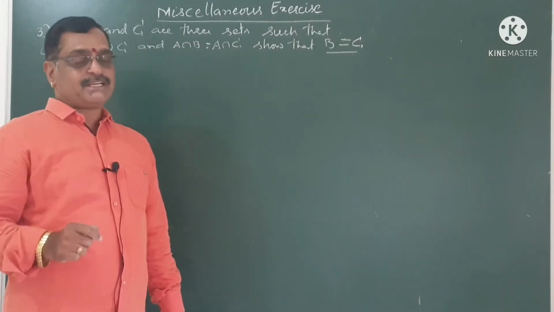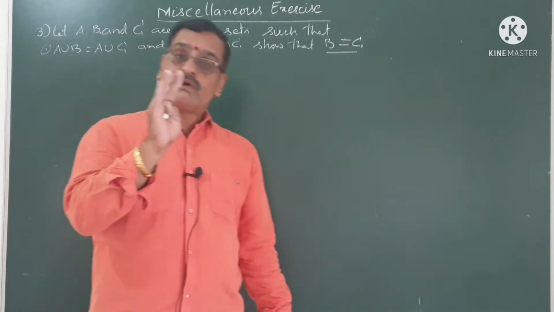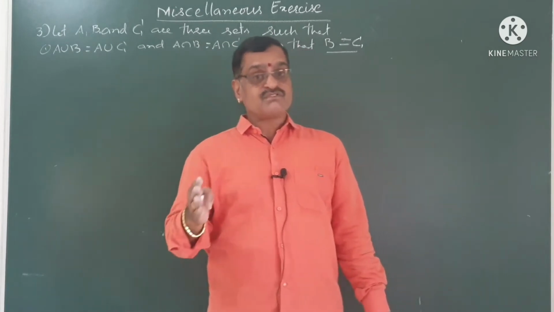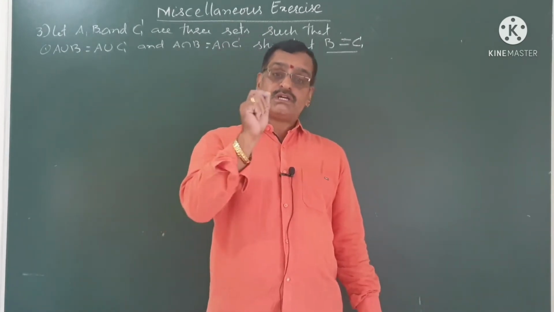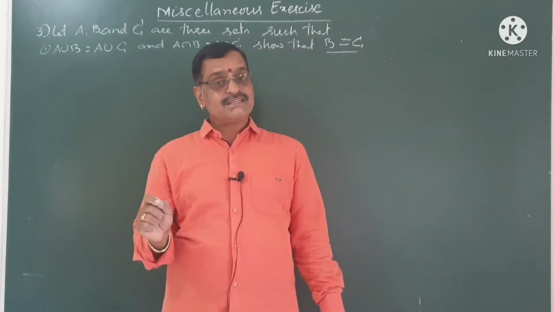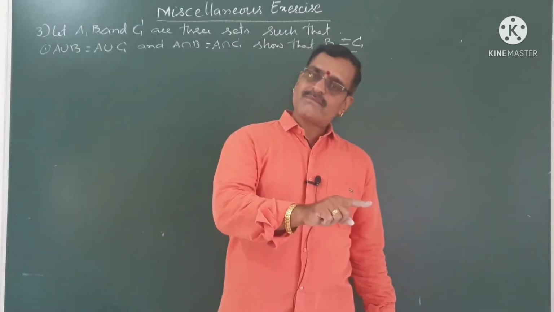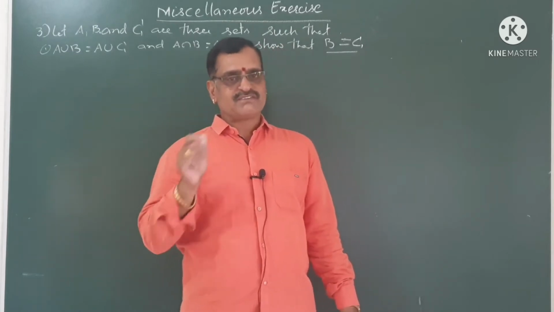Now in set theory, to show that first set is equal to second set, you have to follow one rule. That rule is, you have to show that the first set is subset to second set, as well as second set is subset to first set. Then only you can conclude that first set is equal to second set.